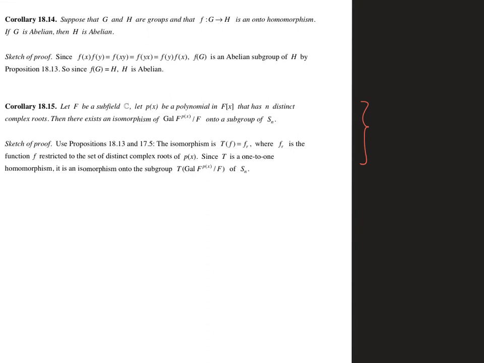The very last result in the set of notes here is that if we take a polynomial p(x) that has n distinct roots, then the Galois group of F adjoin the roots of p(x) over F is isomorphic to a subgroup of S_n, and we use that isomorphism T that we developed before.